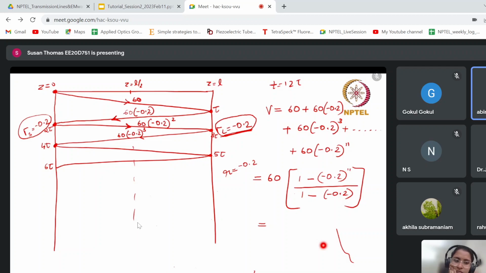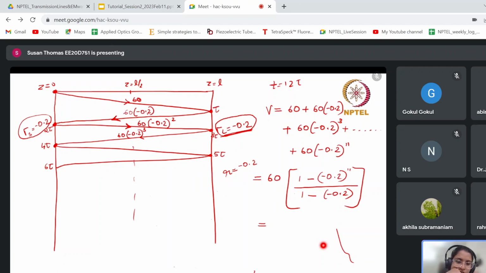But in the assignment question, tau L and tau S are totally different, ma'am. But the time period T equal to 100 microsecond. How to calculate it, ma'am? Okay. So you are saying that the reflection coefficients at the load end and source end are different. Yes, ma'am. But at the same time, in the question, the values of RS and RL are not given, ma'am.